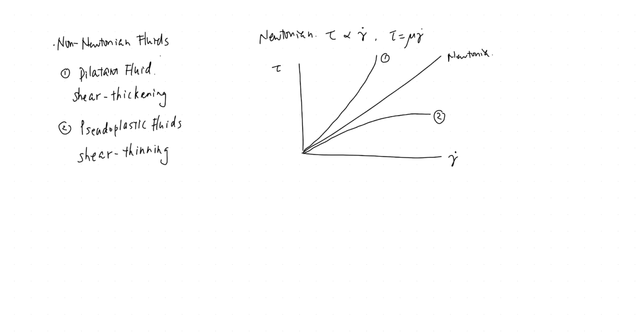If you still would like to describe viscosity in some way, there is a quantity we call the apparent viscosity. This is defined as tau divided by gamma dot at each gamma dot value. That means for different gamma dot, you will get a different apparent viscosity.